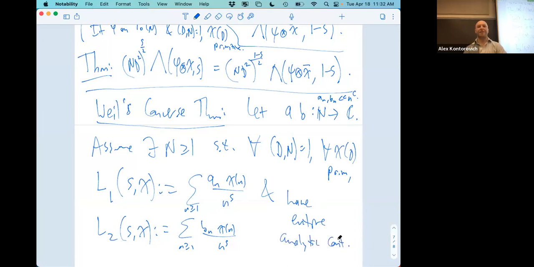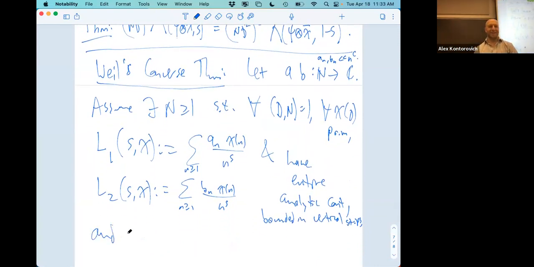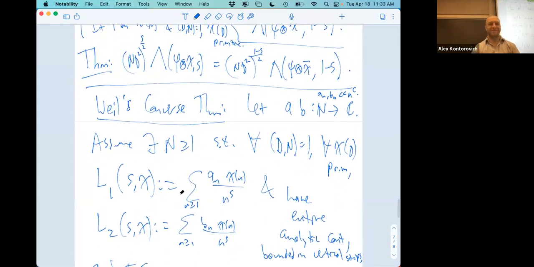I need to be able to pull contours, bounded in vertical strips. And the following functional equation. Copy and paste.